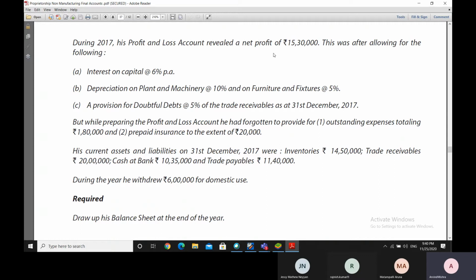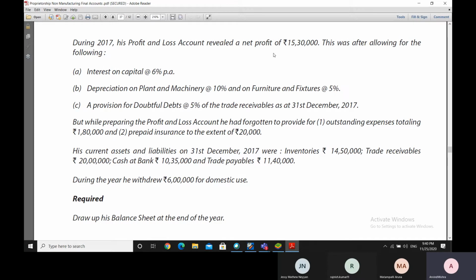But at the same time, there may be some expenditures which are mentioned in the profit and loss account, but they are actually not paid so far. So if there are certain payments that have not been made but incurred, they will be included while calculating the profits, but they will be shown in the balance sheet that this amount is yet to be paid.